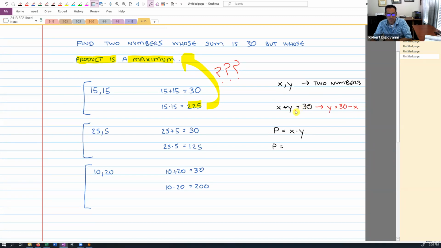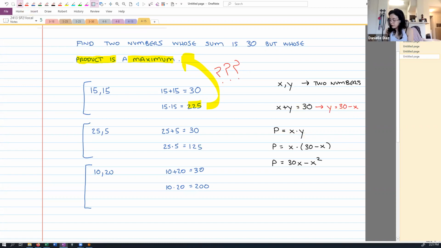So if the product must be x times y, but y must be 30 minus x, then I can rewrite this as x times (30 minus x). And that means the product is 30x minus x squared. Are y'all following me? Yes.